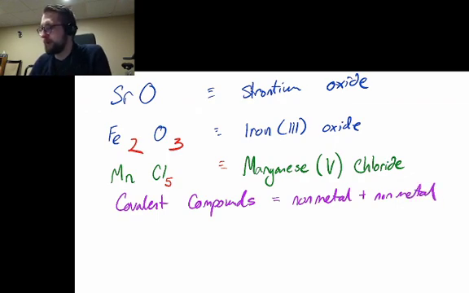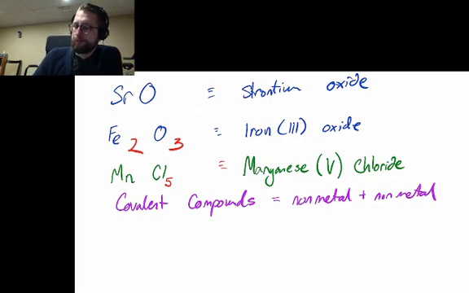So when we combine two nonmetals, we get a covalent bond. And so let's do some covalent compounds right now. This is the hard part, is thinking them up. Let's try.